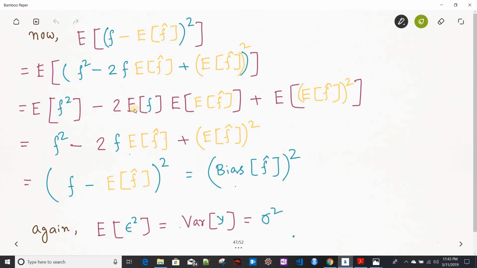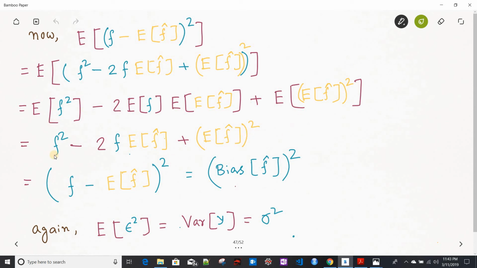Now for this term, expected value of f becomes f. Expected value of f bar, as we previously discussed, is a particular term, not a random variable, so I can directly write it equals the expected value of f bar. Similarly for this one, when we talk about expected value of something squared, we are talking about a particular numeric term squared, so the expected value of that numeric term is the numeric term itself, right?